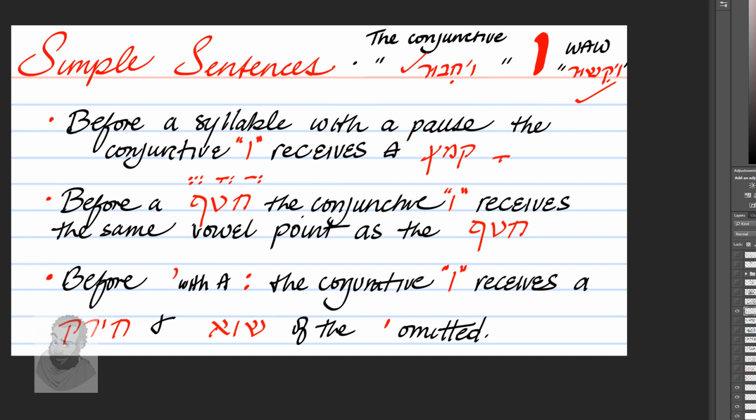Before a syllable with a pause, the conjunctive wow receives a kamis. Okay? Before a hatef or hatuf, the conjunctive wow receives the same vowel point as the hatef or hatuf. So these are it right here. Okay? So you see this here. Remember we were talking about this, the patah. So we have the patah and we have the shoah.